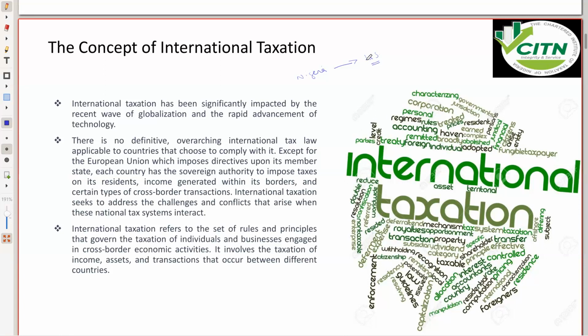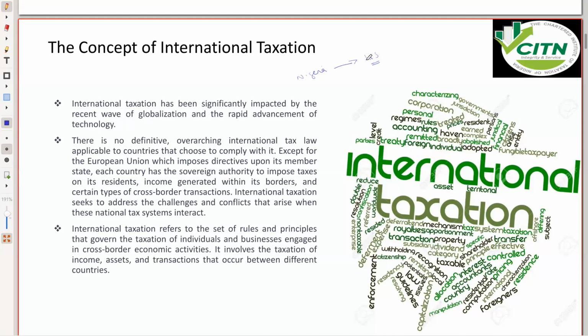It therefore means that each country will decide on the tax to impose on its residents, as well as on those who are not its residents but earn money out of the country. That's where the concept of international taxation comes in, and they need to have rules.